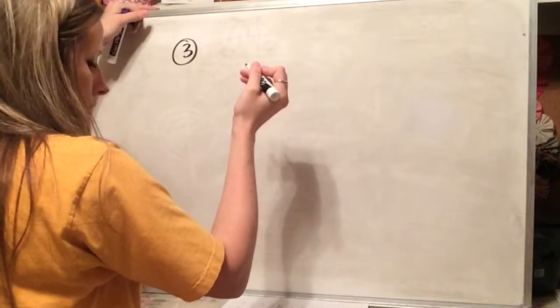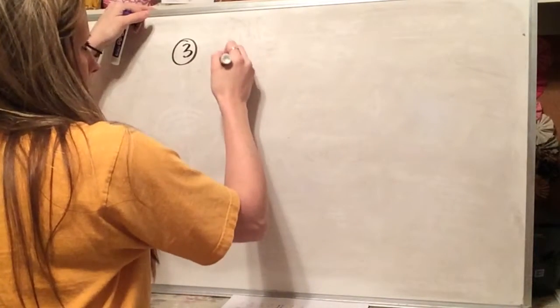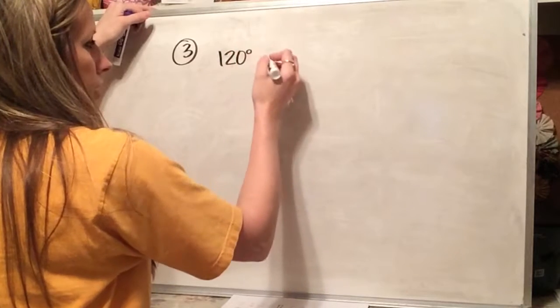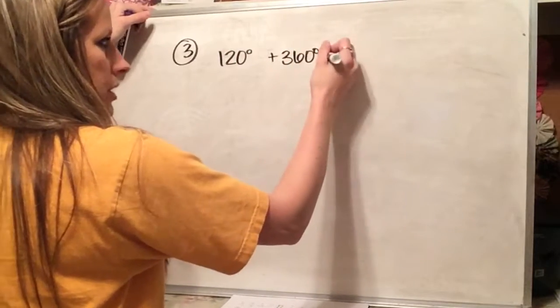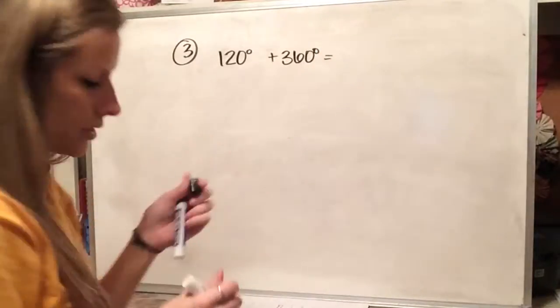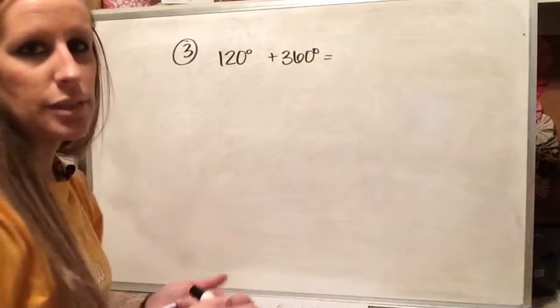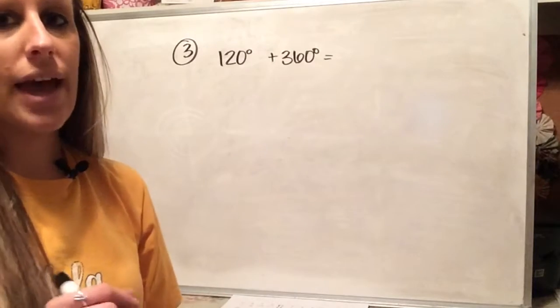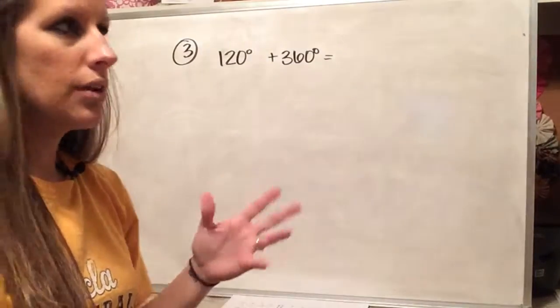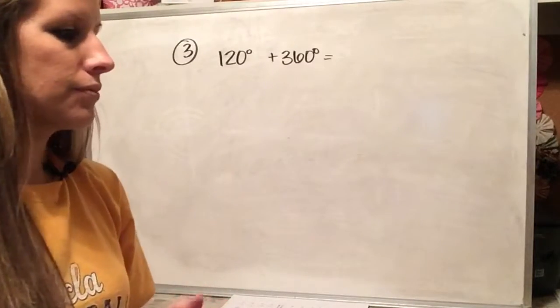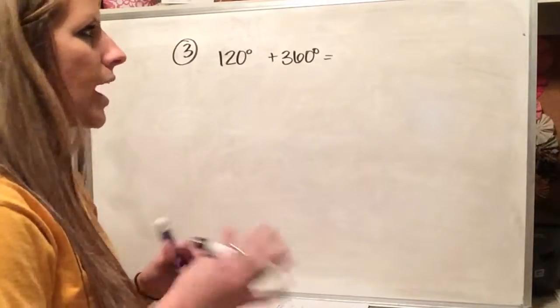So what I usually do is add 360 degrees to find my coterminal angle. But if you want to subtract 360, you can do that too, because it doesn't specify. Sometimes it'll specify that it wants one positive and one negative. So then you have to make sure that you either add or subtract.